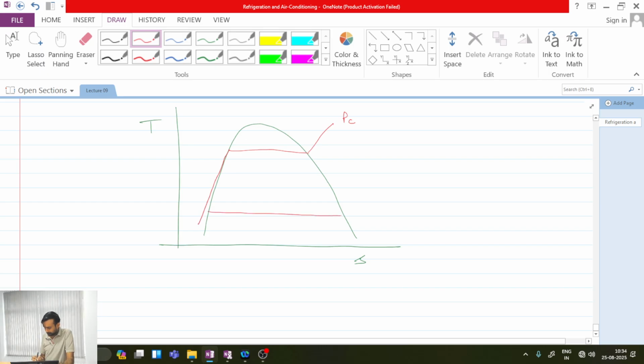Then this is PE, and here also it will extend something like this. Generally, the slope of the constant pressure line in the subcooled region is very close to the slope of the saturated liquid vapor curve. Are you agreeing to this point?